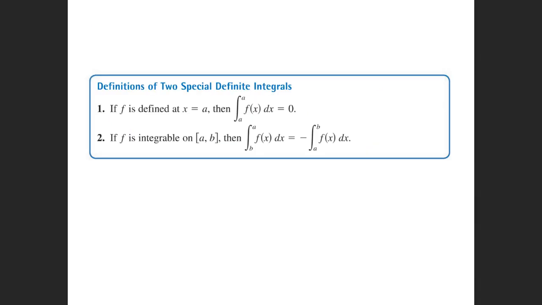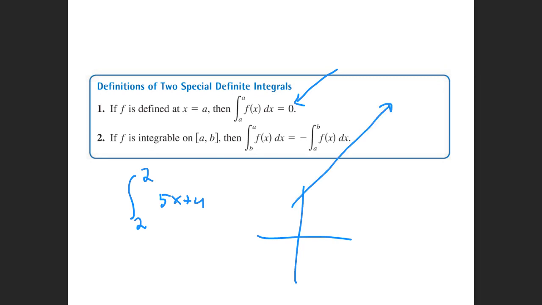Now we're going to talk about some rules. If f is defined at x equals a, then the integral from a to a of f of x dx is equal to 0. This one is the most obvious one in the world, I think, because if I gave you the integral from 2 to 2 of 5x plus 4, well, if I graph it out, it's going to look something like this, right?